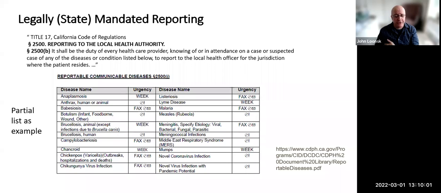You can see that there are conditions identified here, and there's a time frame under which they need to be communicated. And of interest here is that each of the states has different laws about what's reportable. So that's a problem immediately, because the new EHR vendors and the health information technology folks don't necessarily want to customize according to the jurisdiction they're in, and hence begins some of the complexity.